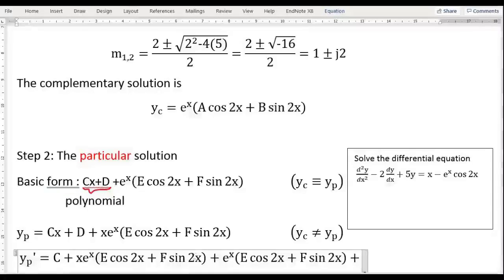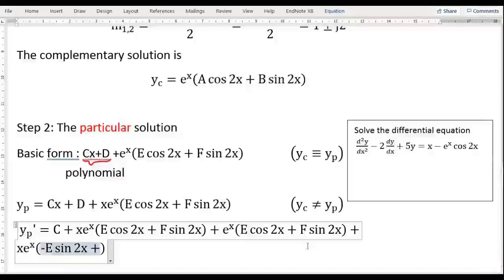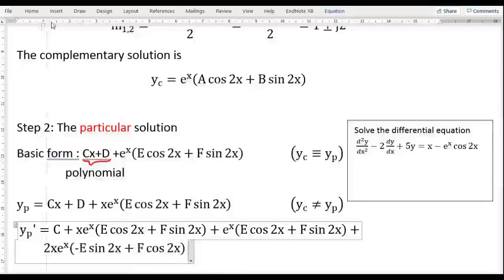And the final one is we maintain this, but we differentiate the one in the bracket. Differentiating cosine will give us sine, but don't forget it will be minus. Similarly, differentiating sine will give us cosine. At the same time, we differentiate the 2x, so we put 2 at the front.